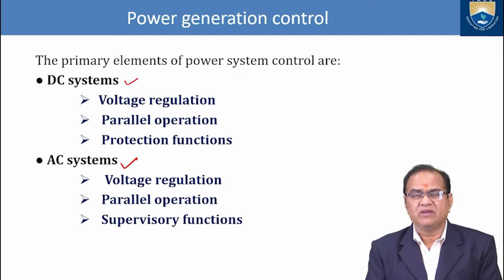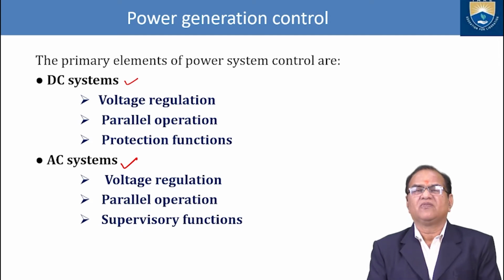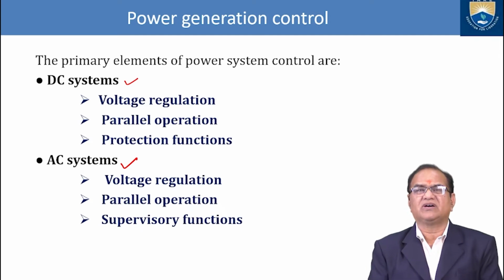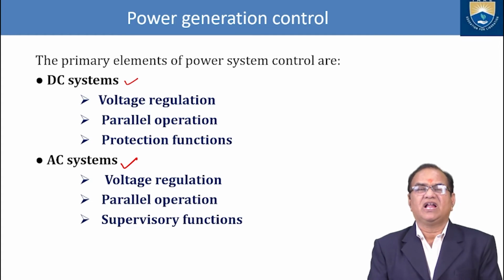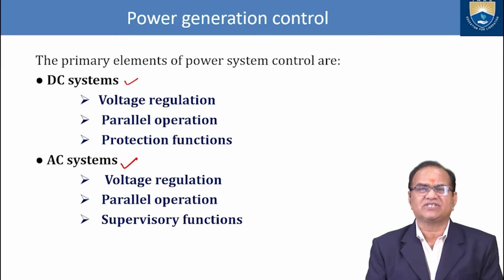In the same way, in place of the protection system, we have the supervisory system on the alternating current system. There are some devices which work as a supervisor for the alternating current. We also need to have voltage regulation. The voltage should be as per the design of the component. Every component is designed for a certain voltage.